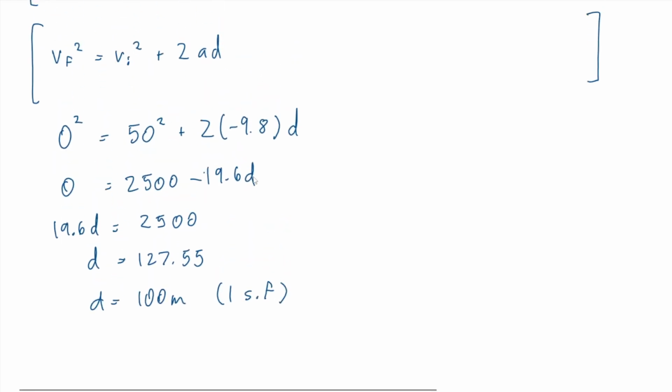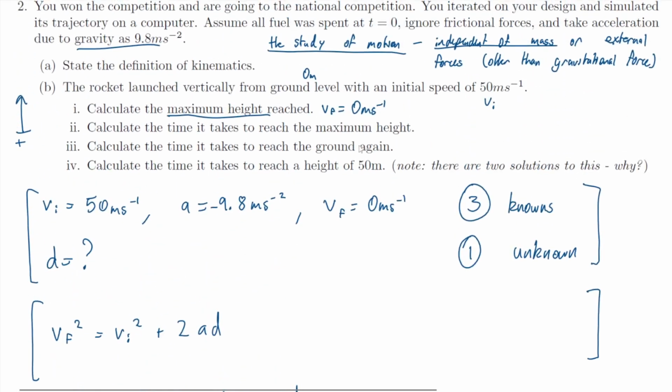It does seem a bit counterintuitive, like losing that much information, like a whole 27.55 meters. However, we can't be that accurate because speed is given as 50. If it was given as 50.00, for example, for significant figures, then we could be more precise.